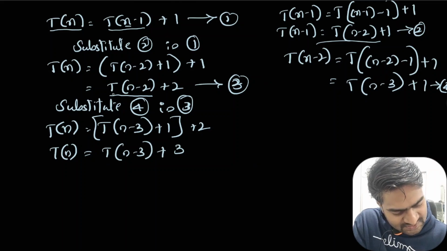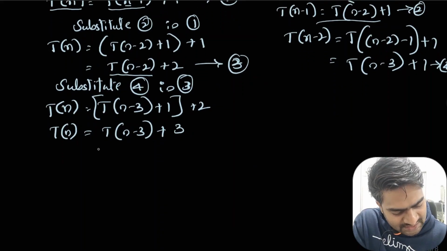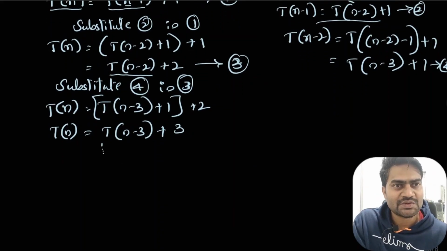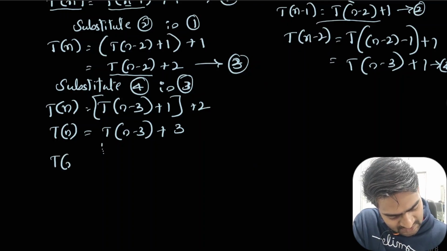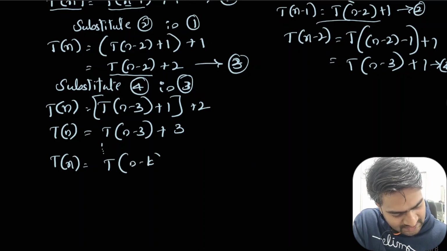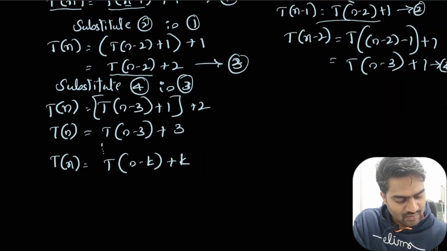Initially it was T of n minus 2 plus 2, correct? Now it is T of n minus 3 plus 3. So how long does it continue? Maybe to some value, say for example k. So T of n equal to T of n minus k plus k. Once it reaches here, maybe it stops.